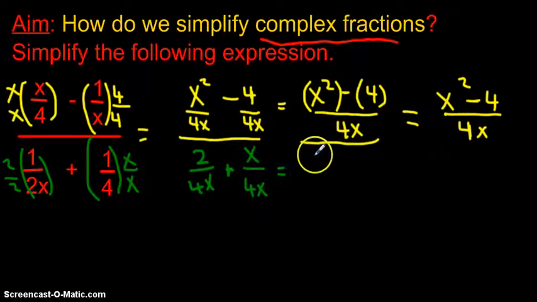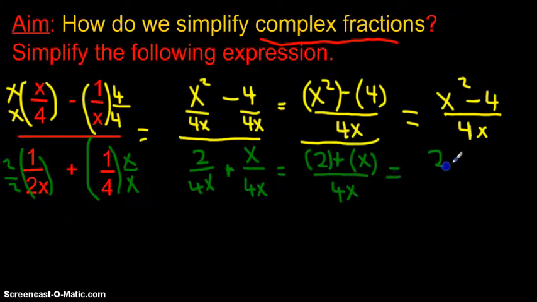That'll become 2 plus x over 4x, which is equal to 2 plus x over 4x. Matter of fact, let's make that fraction bar all along here red.